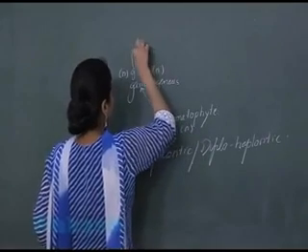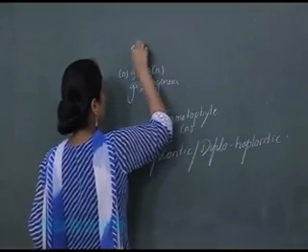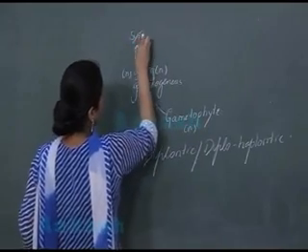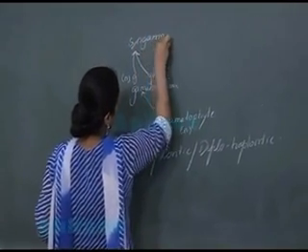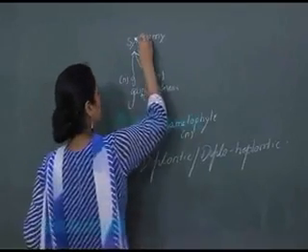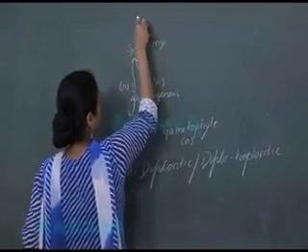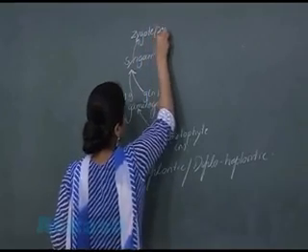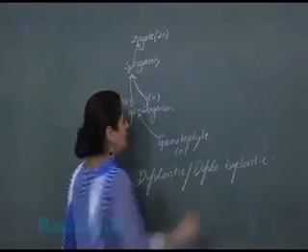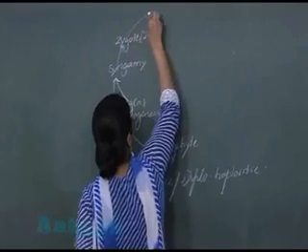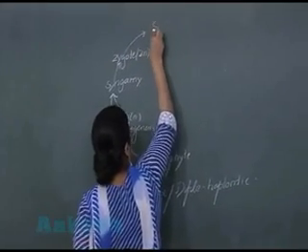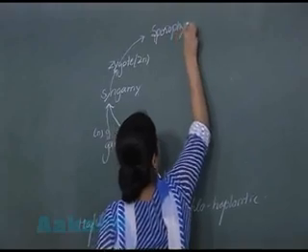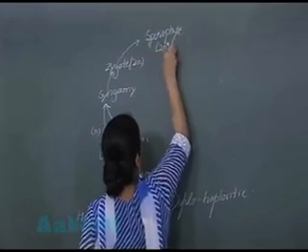Yes. So the fusion of gametes will occur. This is known as syngamy. The structure formed after fusion, that diploid structure, is known as zygote. This zygote will then show development and a multicellular sporophyte will form.